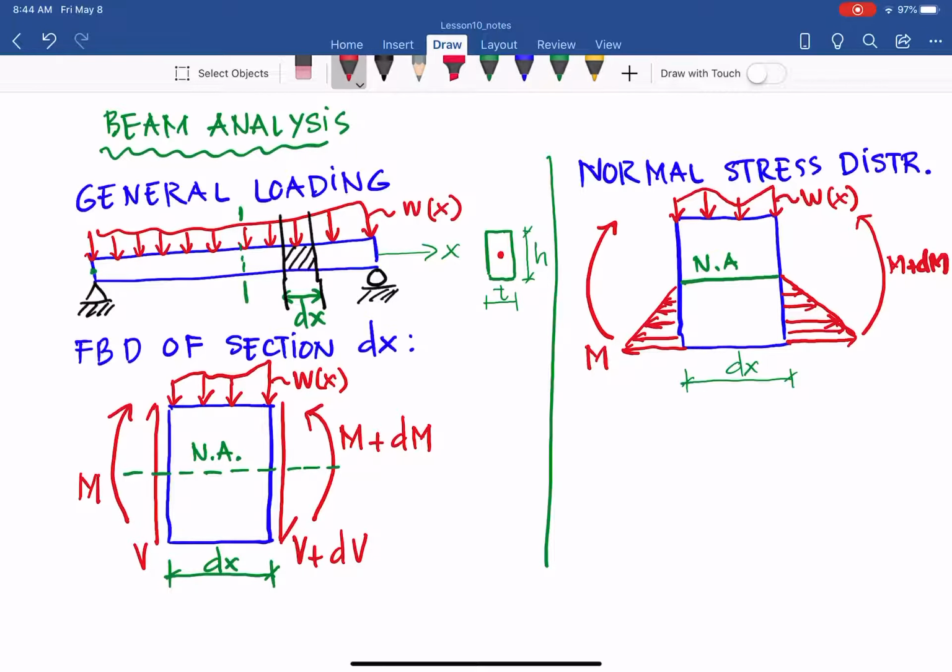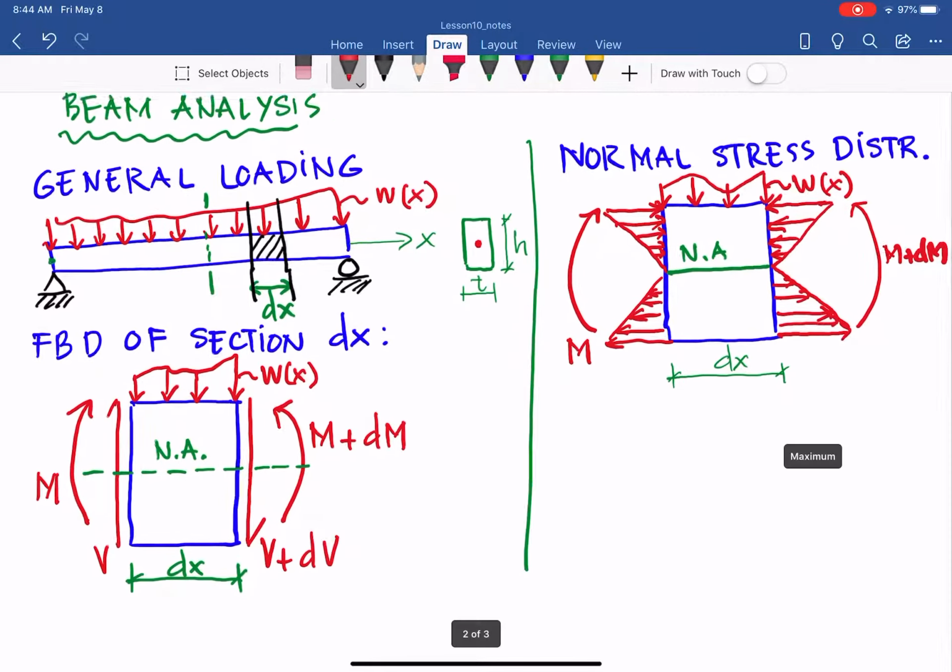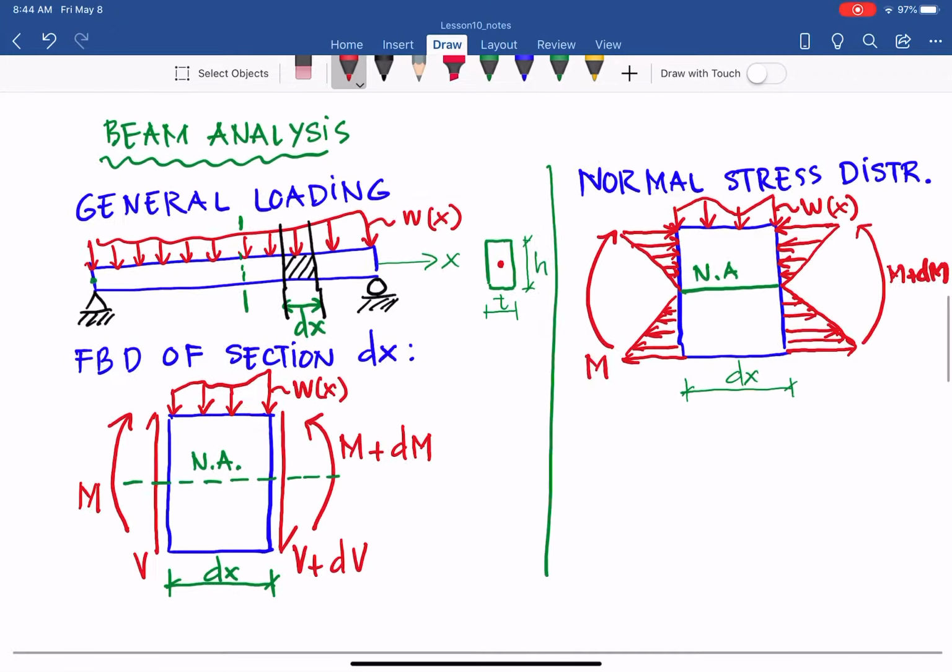And then it will also be 0 at the neutral axis on the top, but it will be in compression and get maximum at the outermost fiber. So in compression with that moment. So the beam contracts on top and expands at the bottom to create that normal stress distribution. So this so far is nothing new.